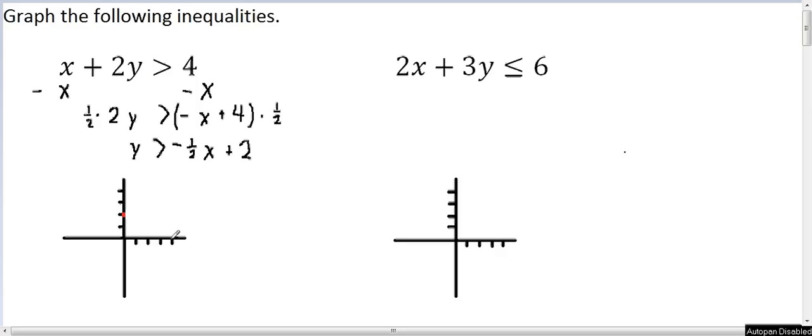So this point is on that line. And let me draw that line next. Since we have just an inequality without an equal sign, this needs to be a dotted line. So let me change this to a dotted line.